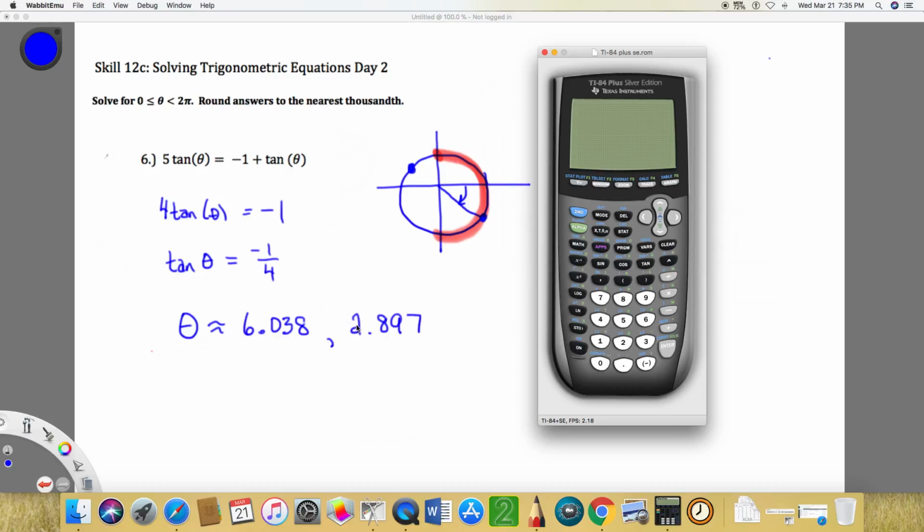All right, so let's check this 2.897. On the left-hand side, we've got 5 times the tangent of this angle, 2.897. And on the right-hand side, we've got -1 plus the tangent of this angle.